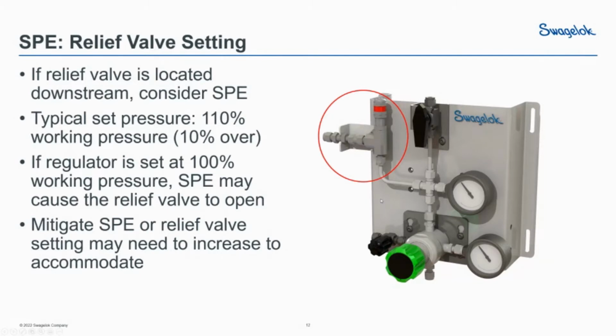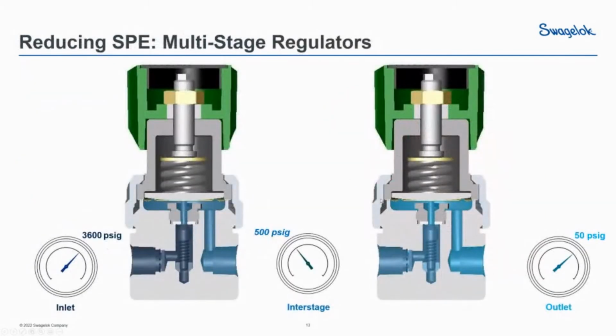Well, one of the most common ways that we see is to have two regulators in series. So in this case, we're going to take two of the same regulator that we had before, and we're going to feed into the first regulator on the left a 3600 psi source. Now that first regulator, instead of being set to 50 psi on the outlet, we're going to set it to 500, and that'll be what we call the interstage pressure.